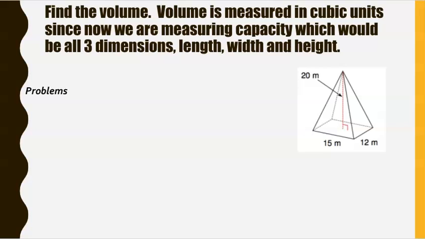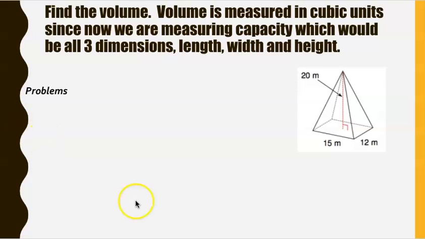So if we have a pyramid, and you did one of those derivations, maybe even using an experiment where you used water to see how many pyramids it takes to fill up a prism that has the same base, well, the formula turns out to be 1/3 the area of the base times the height.